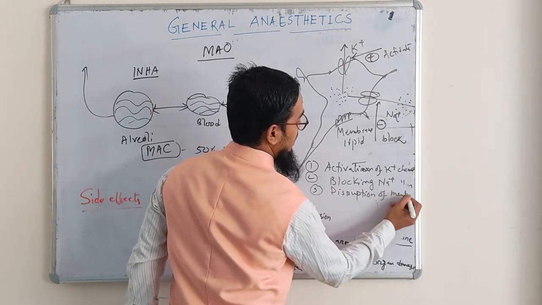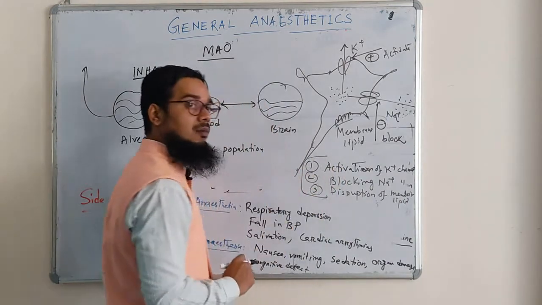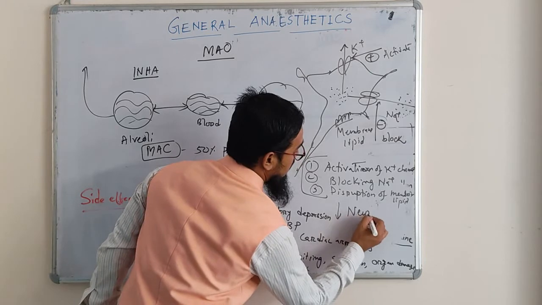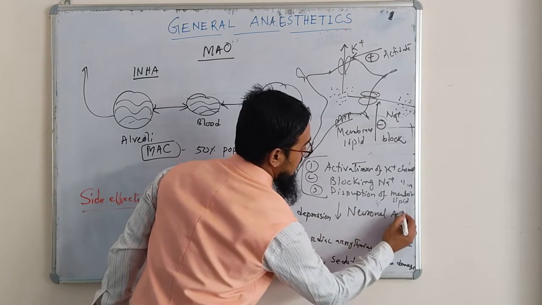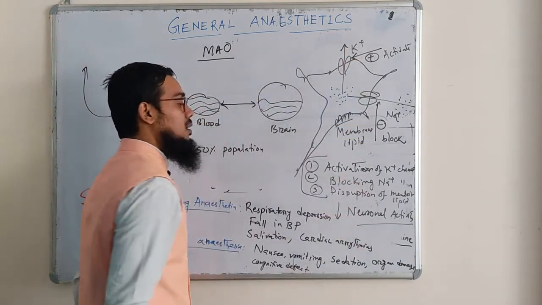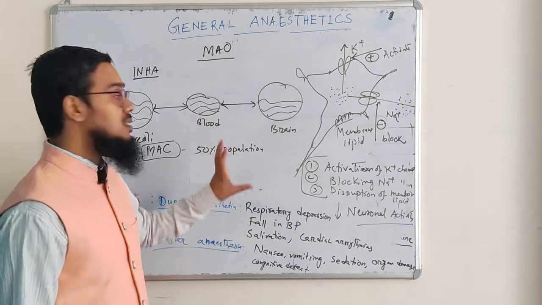By these three mechanisms they decrease neuronal activity, the action potential of the neurons will decrease, and the person will become unconscious. This is the mechanism of inhalational anesthesia.